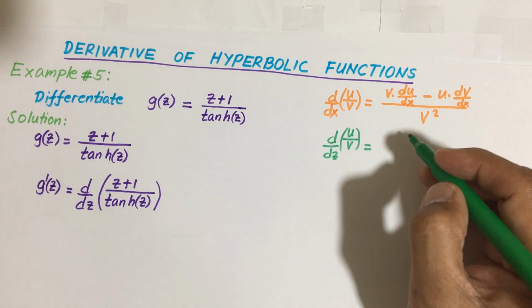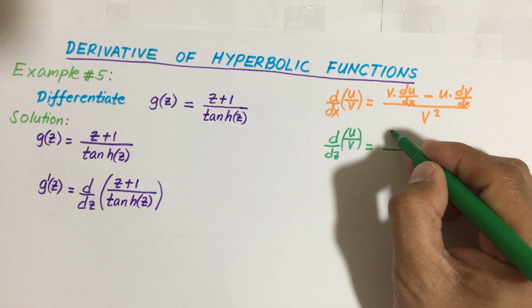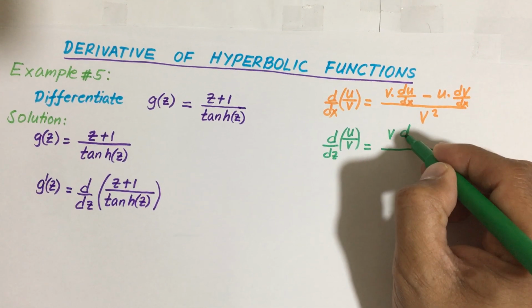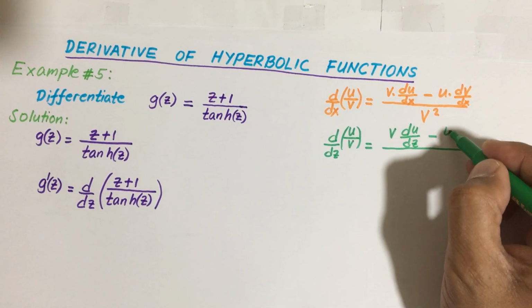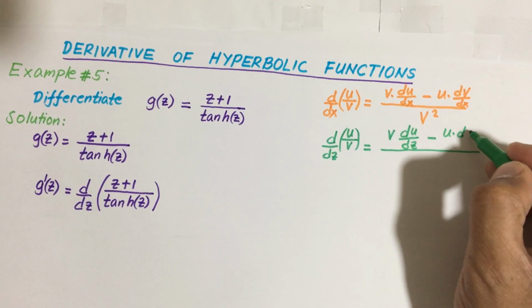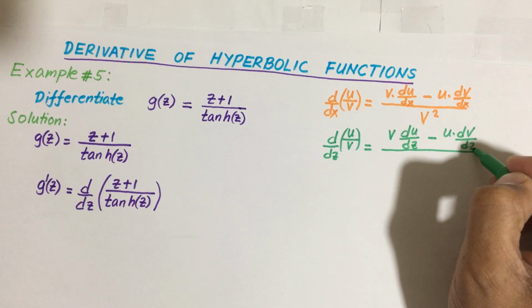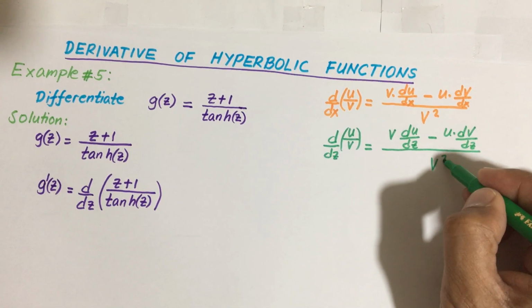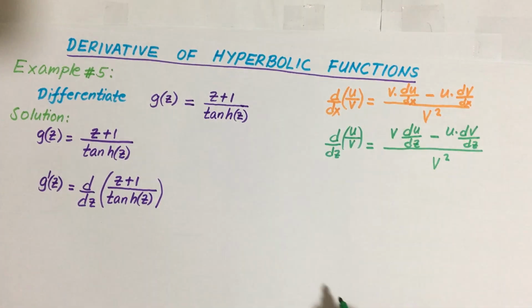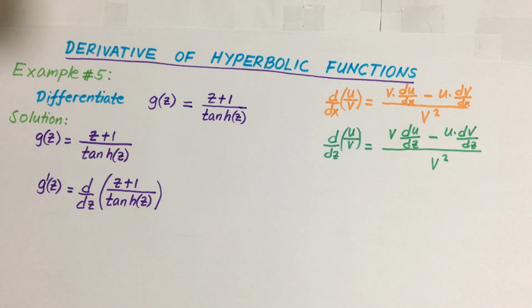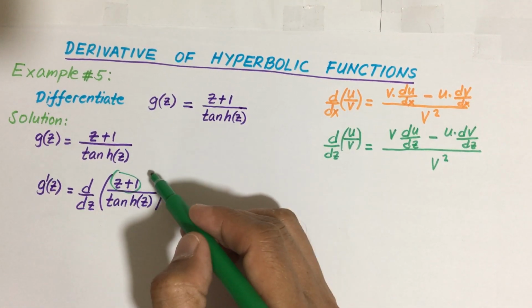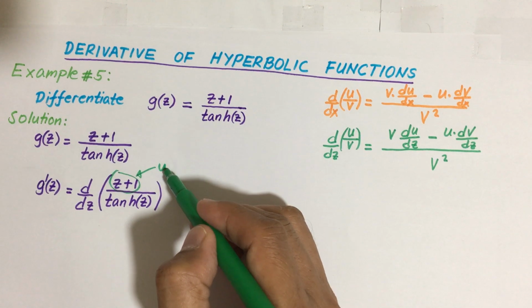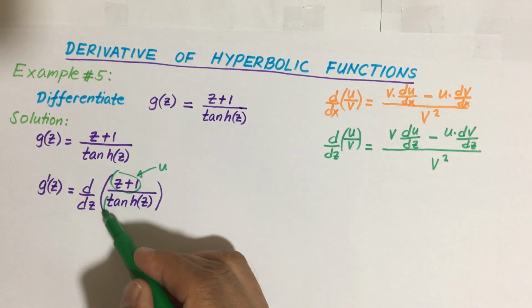This will be v times the derivative of u with respect to z minus u times the derivative of v with respect to z divided by v squared. Okay, so they're just the same. It's a matter of finding what is our u, what is our v. In this case, this is our u, and this is our v.